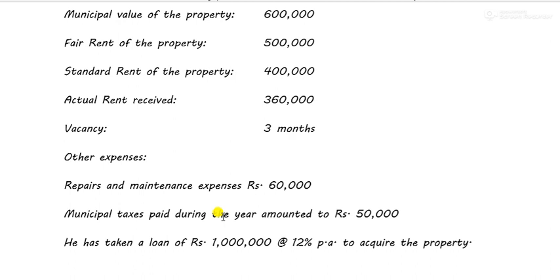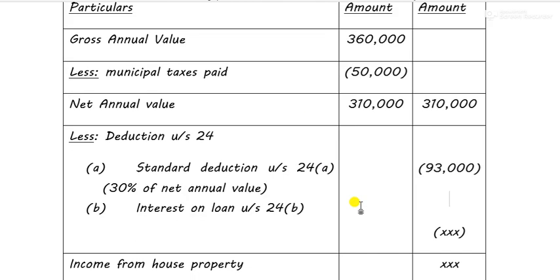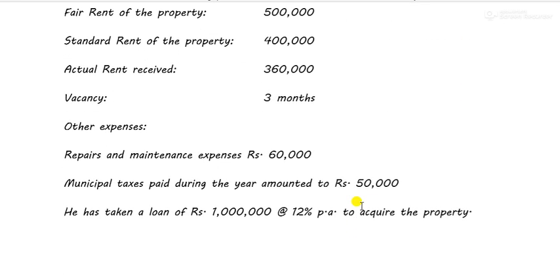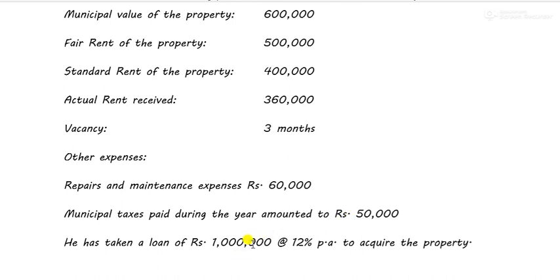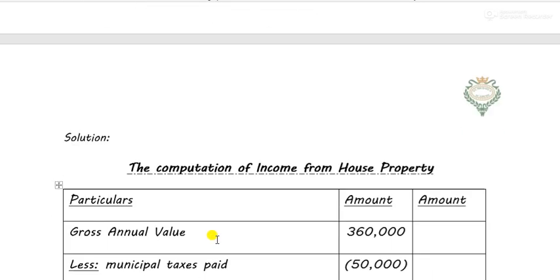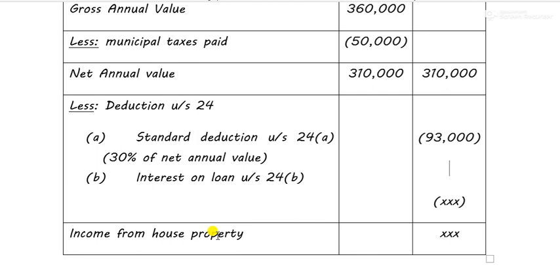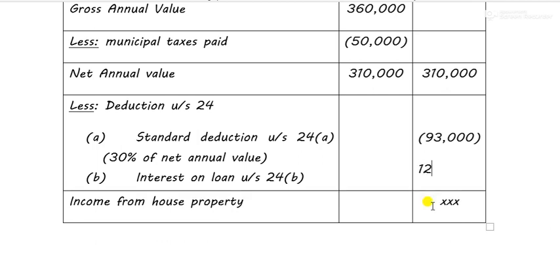So it is for acquisition or purchase, means the interest will be deducted. So 10 lakhs into 12%, 1,20,000.